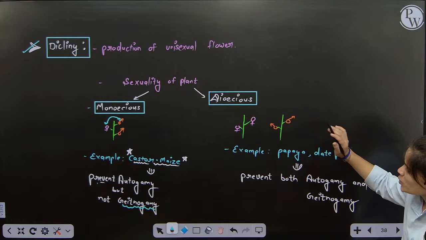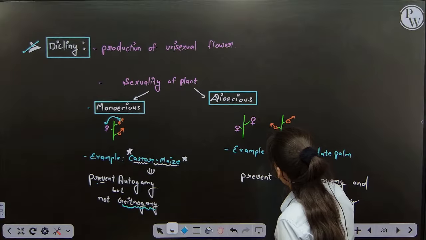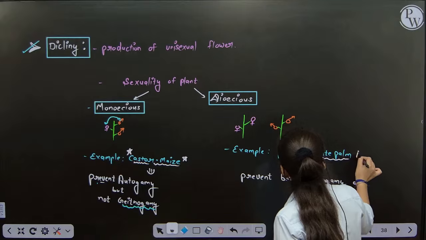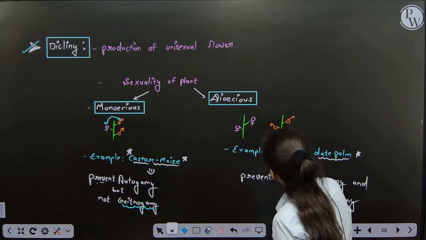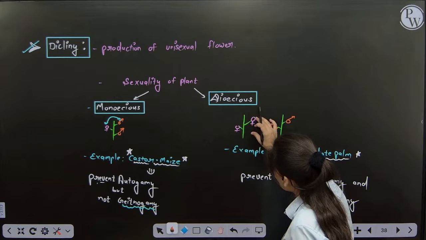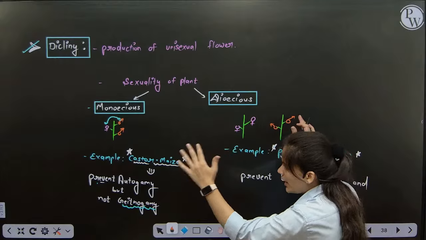Next condition is dioecious. What are examples of dioecious plants? First, we need to remember papaya and date palm. Mark these as also important. Here in this case, is autogamy prevented? Yes, both male and female parts are present on different plants now.